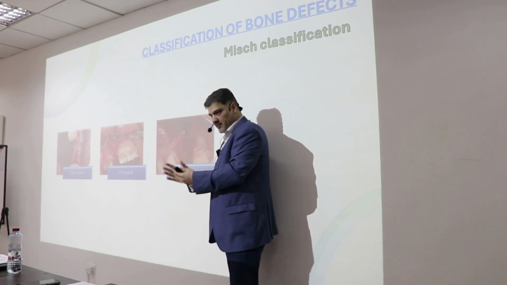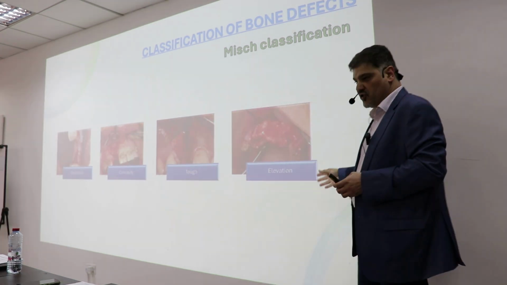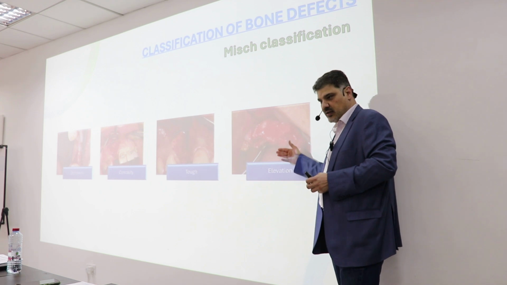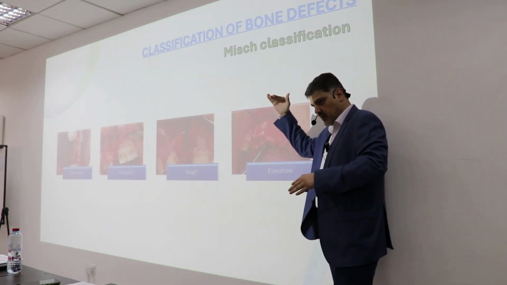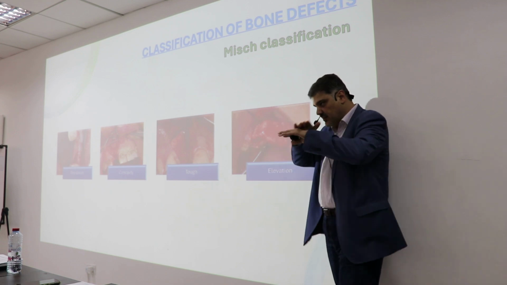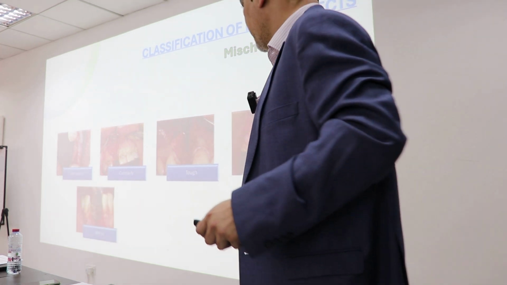This kind of deep defect is called trough. Or elevation, where you have a defect that has raised up, not on the straight level, not on the same level of the bone.